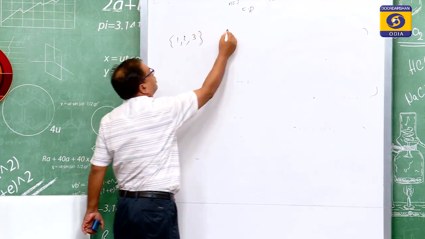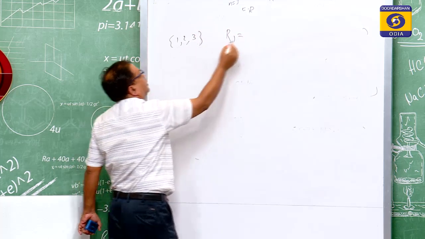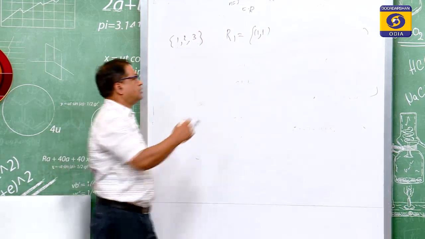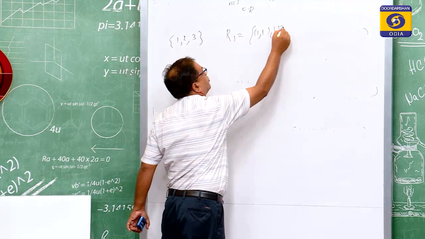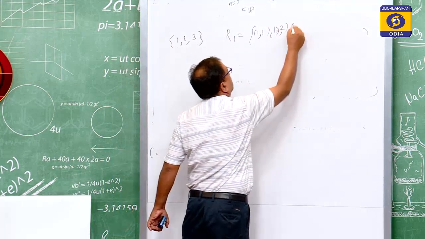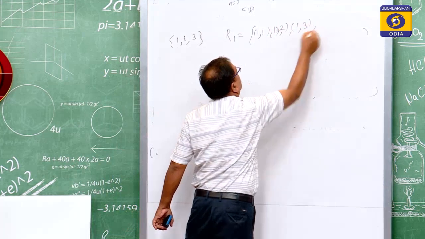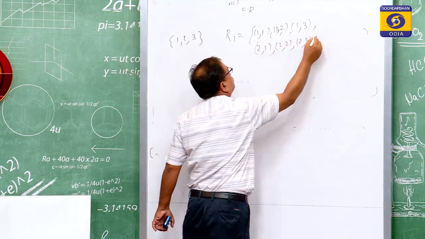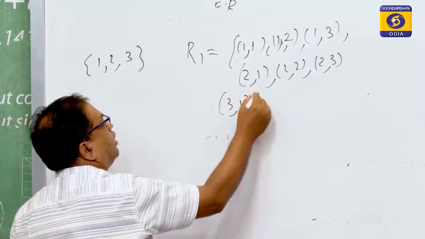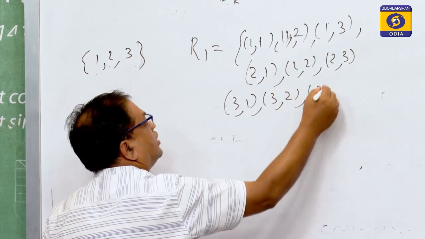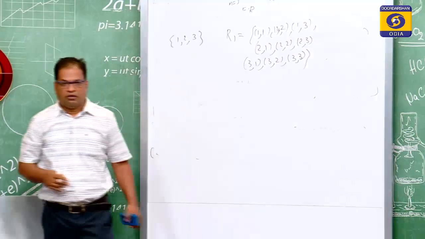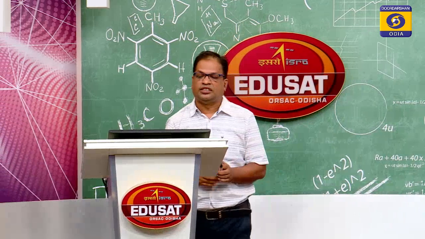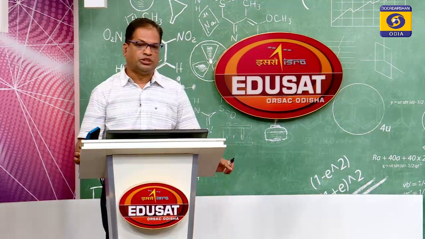So, what is the corresponding equivalence relation? 1 can be related to 1 because 1 is there, then 1, 2, then 1, 3, then 2, 1, 2, 2, 2, 3. Similarly, 3 can be related to 3, 1, 3, 2. All elements are related to each other. So, this is the corresponding equivalence relation. So, corresponding to partition 1, 2, 3, there is an equivalence relation R, that is the universal relation.